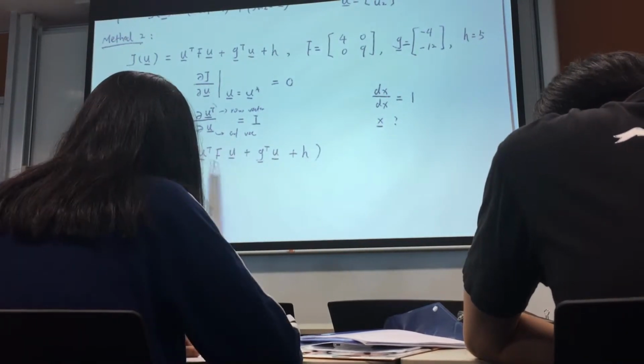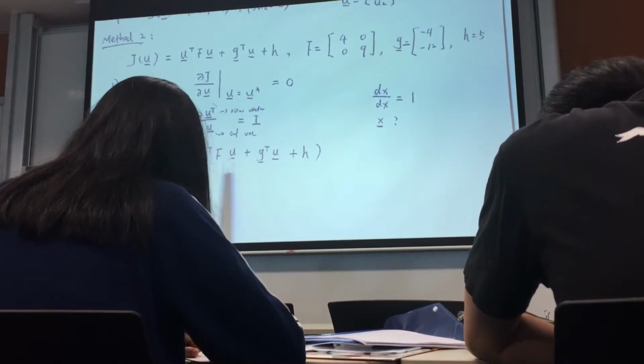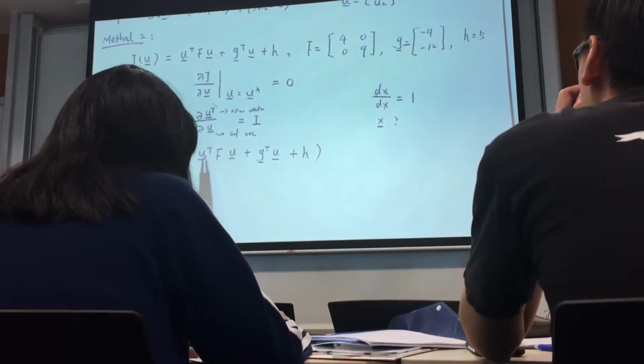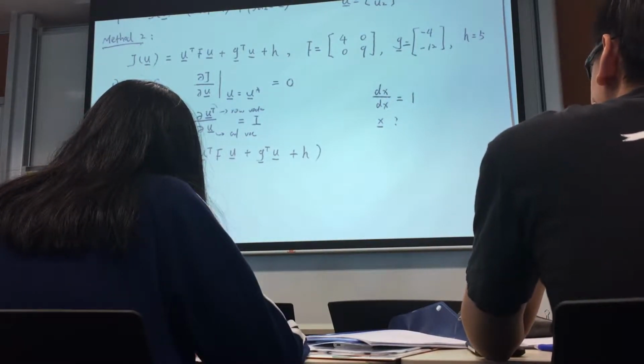In the first component, because there are two vectors, there are two variables in u. Although they are the same vector, one has a transpose and one does not.